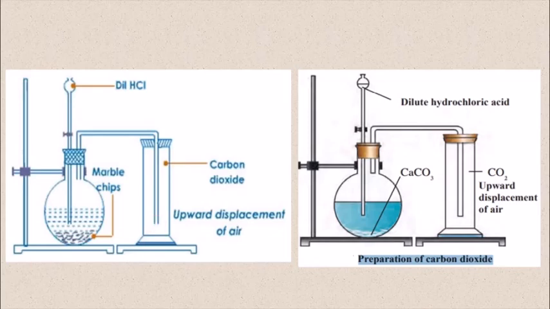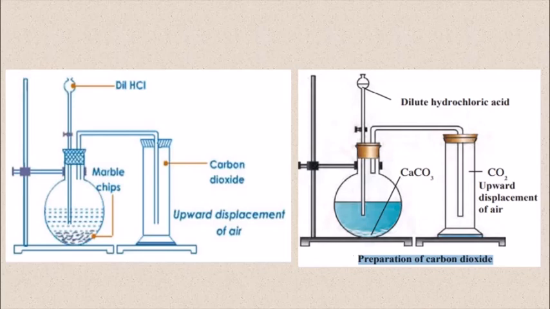So from this experiment we can conclude that when calcium carbonate is mixed with hydrochloric acid, calcium chloride is formed, water is formed, and carbon dioxide is given out, which we have already collected in the jar. You can even test it with a different experiment to know the carbon dioxide gas. You can smell it.